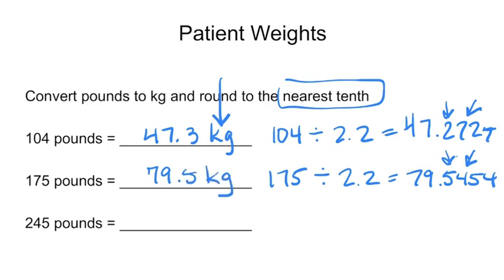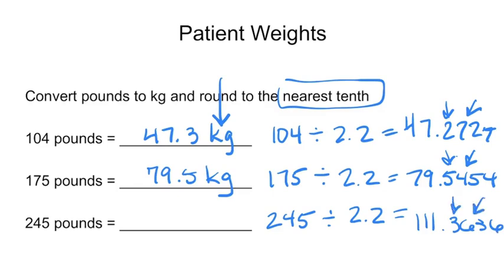Okay, I've got one more. I've got 245 divided by 2.2. 245 divided by 2.2 equals 111.3636. I want to round to the nearest tenth. I'm going to look at that 6. I'm going to go up, so it's going to be 111.4 kilograms.